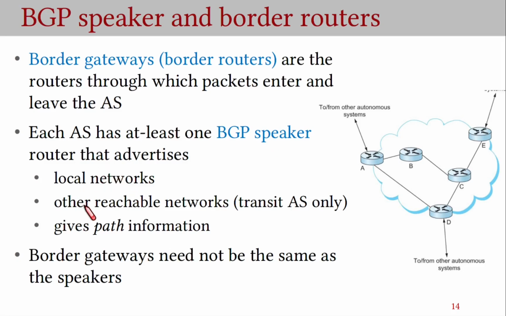They also advertise other reachable networks in the case of transit autonomous systems, and they give path information. Note that these BGP speakers need not be the same routers as border gateways. There may be some other routers inside the autonomous system, but generally BGP speakers are also the border routers. In this example, routers A, D, and E are border routers.